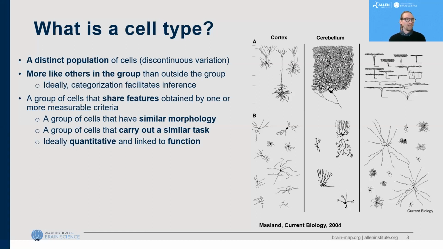So to be a little bit more concrete, we want a group of cells to share features obtained by one or more measurable criteria. This could be cells that have similar morphology, cells that carry out a similar task, and ideally we'd like these assessments of similar morphology or similar tasks to be quantitative and linked to function both.